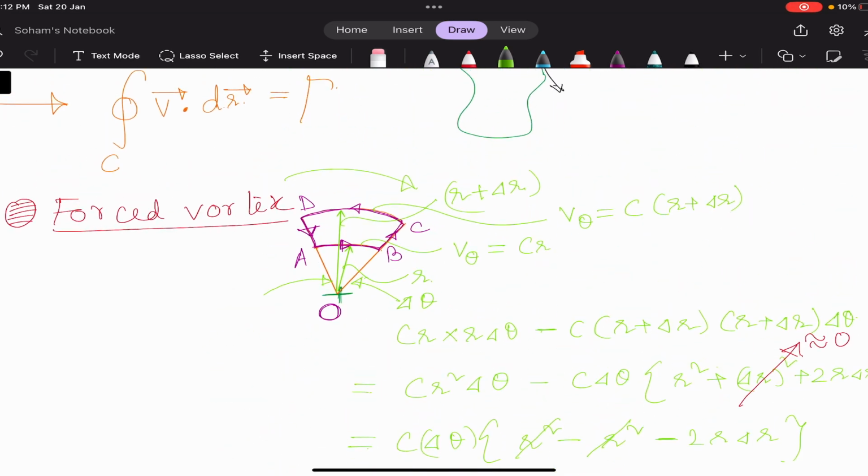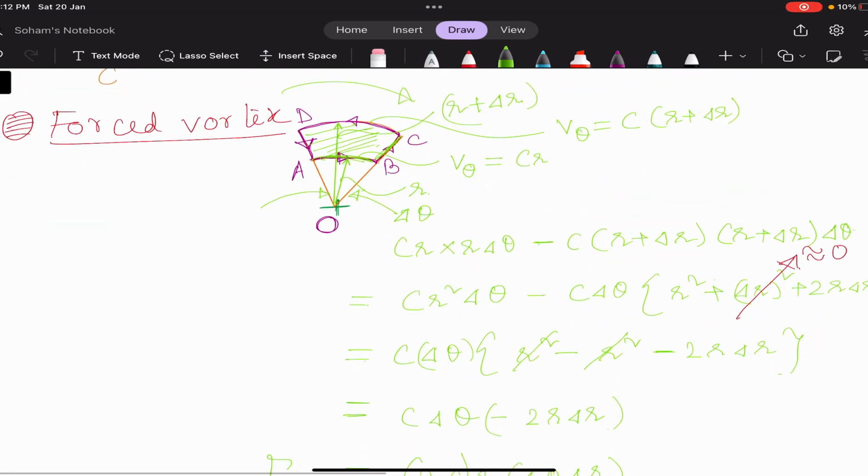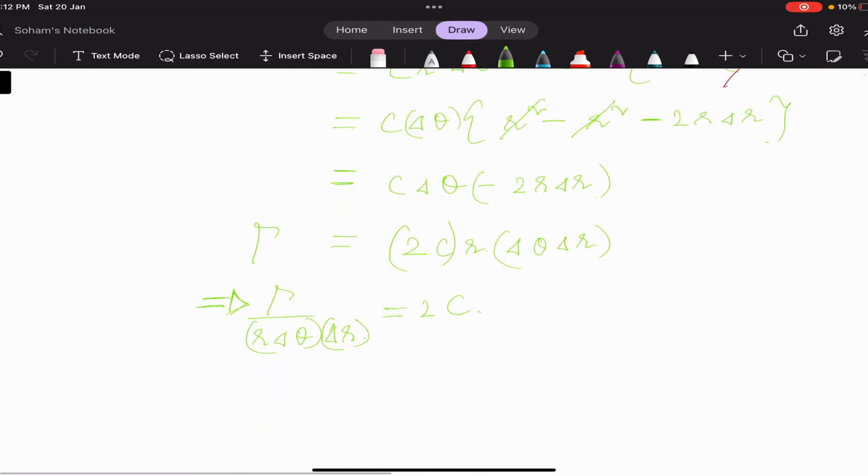This is the area, because this is r delta theta and this is delta r, an infinitesimally small strip. And this 2C is nothing but the vorticity, the curl of v.